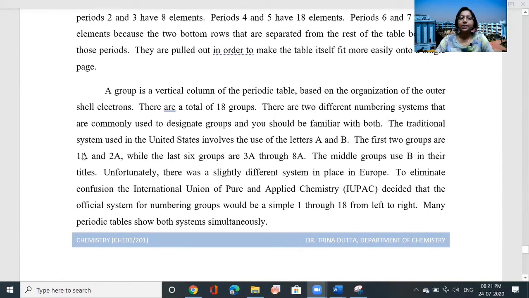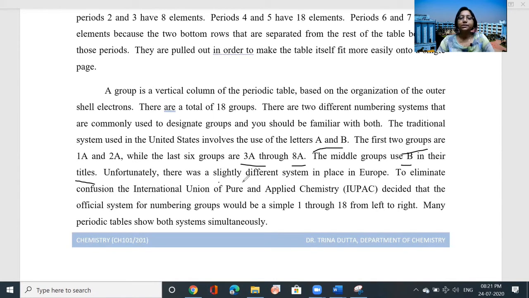The traditional system used in the United States uses the letters A and B. The first two groups are 1A and 2A, while the last 6 groups are 3A through 8A. The middle groups use B in their titles.